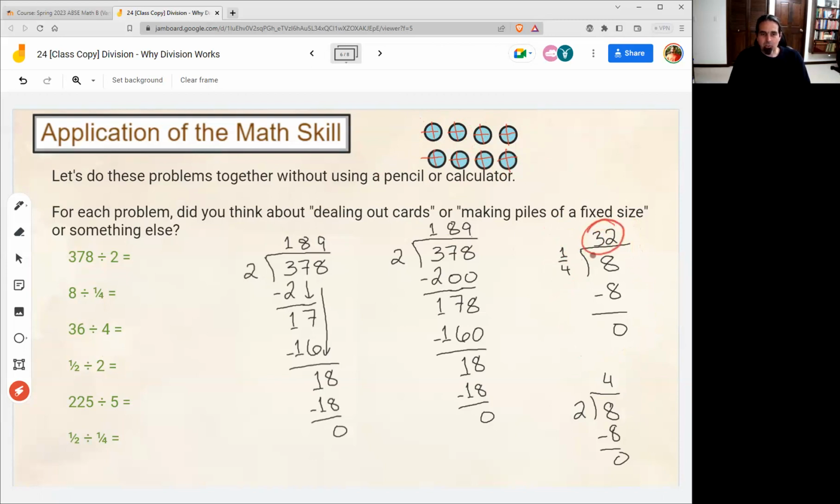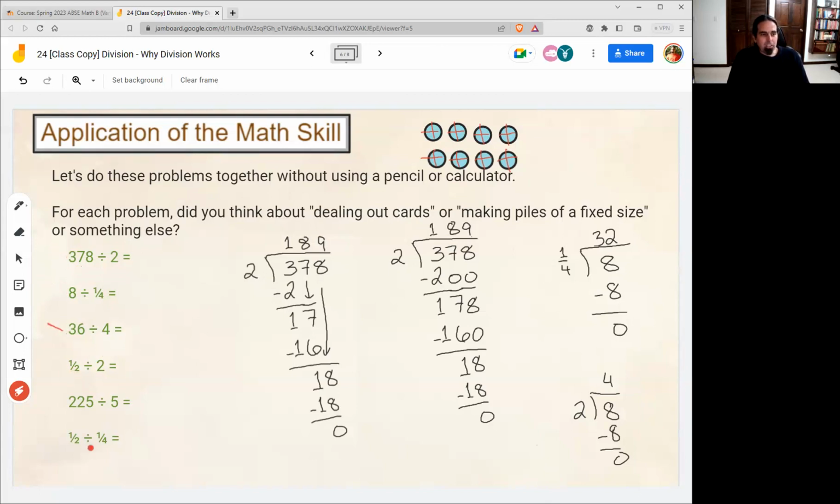I had to find out the answer being 32 with my picture before I put something here and said, yes, that uses up all 8 cupcakes. There's none left. Long division is just an awkward way to record the answer, just like here, which is why we don't use fractions with long division. It's just a way of writing. It doesn't help us solve the problem. So that was this one and this one.